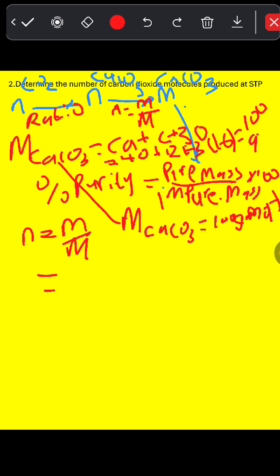Right, the number of moles that we have for calcium carbonate is 8.93 times 10 to the power -3, which equals mass over molar mass.